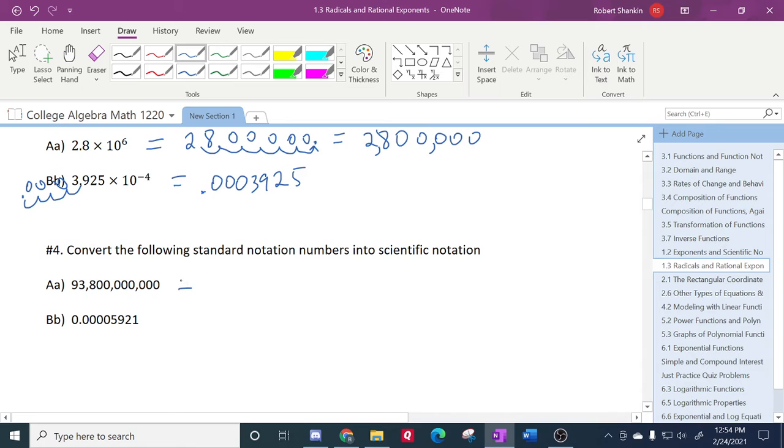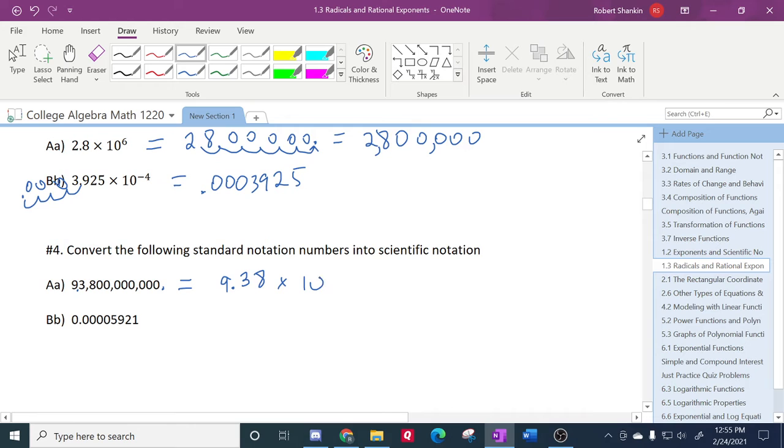So this first one, you move the decimal. The decimal was right here. Where the decimal has to go is right to here, to the right of the first non-zero digit. You always get a number between 1 and 10 in scientific notation. And then, so it's going to become 9.38. The rest of those zeros I don't need to write.